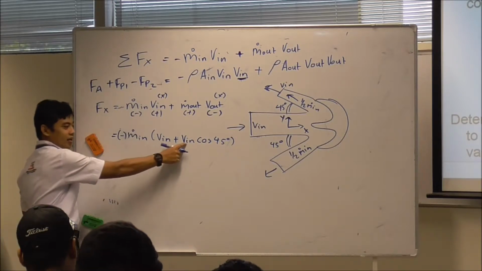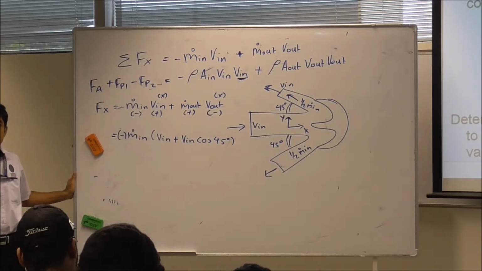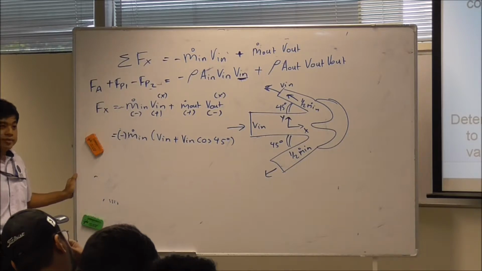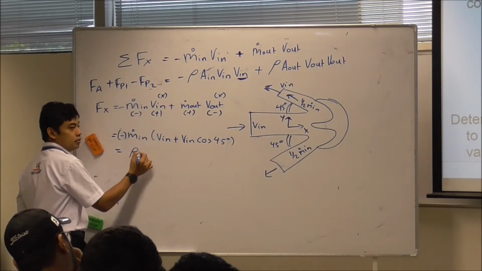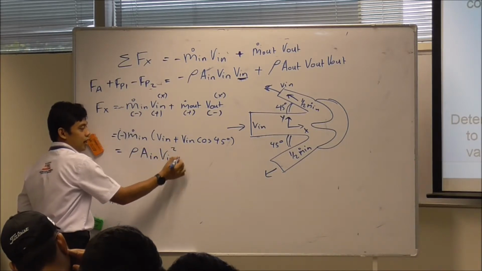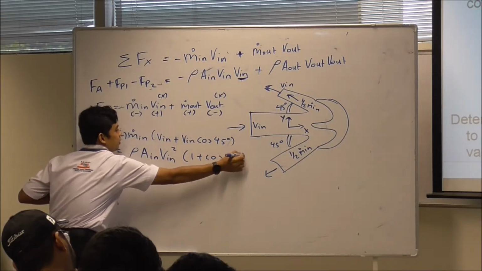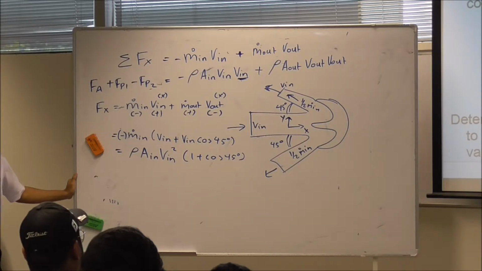Why suddenly become V in? Because V out is equal to V in, just the direction is different. Okay, ladies and gentlemen. So you get rho A V in square times 1 plus cos 45. Simple.